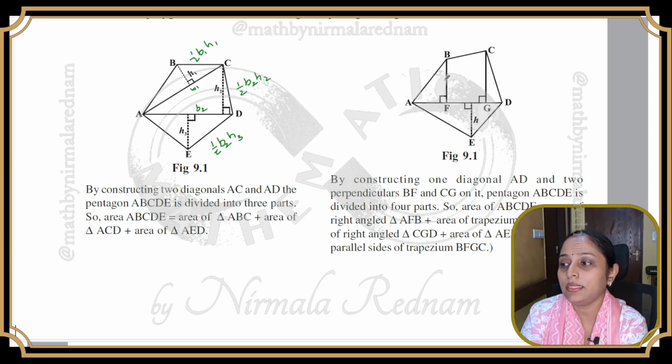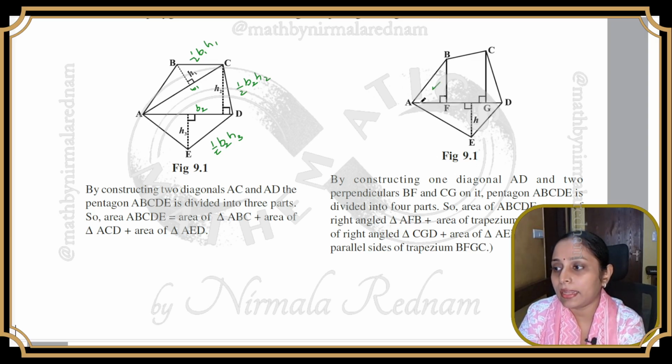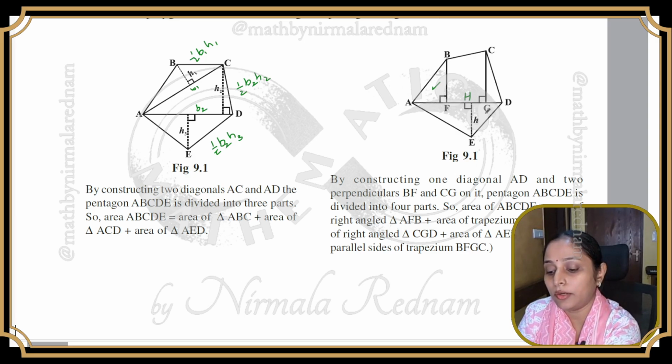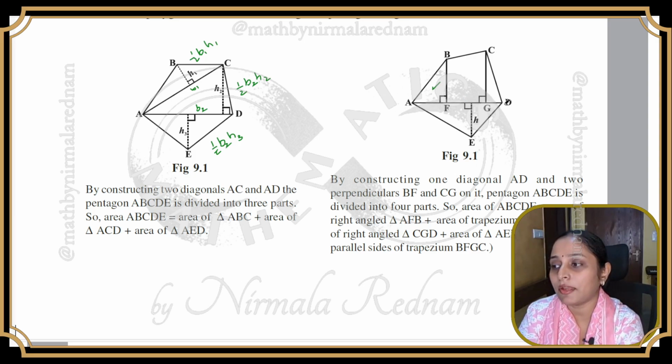So here if you look at the next figure, you can see that AFB is again a triangle, we know the area of a triangle, and if I call this H, AH, okay fine. AED, I don't need H here, right? AED is a triangle. If I know AD and this height, I know the area of triangle AED. And similarly, ICDG is also another triangle, and you can find it.